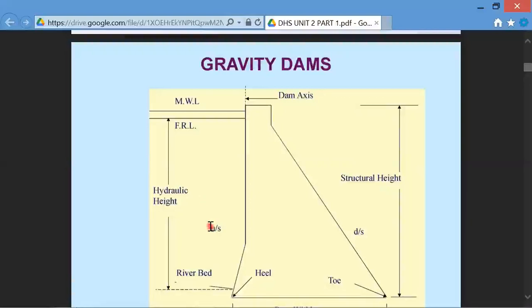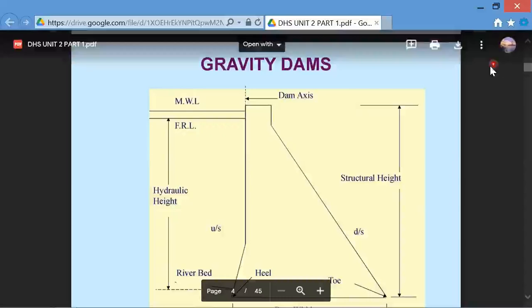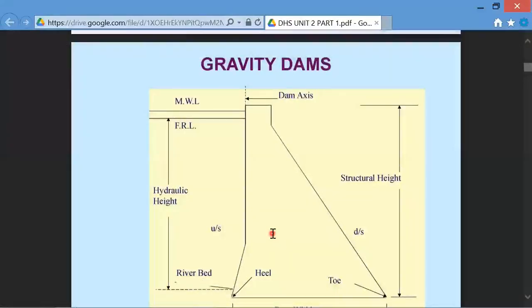Hydraulic height means the maximum water height on the upstream side. Now in this diagram you can see that there is a slight inclination on the upstream side also at the heel, which is beyond the dam axis. This is the vertical dam axis, you can see.